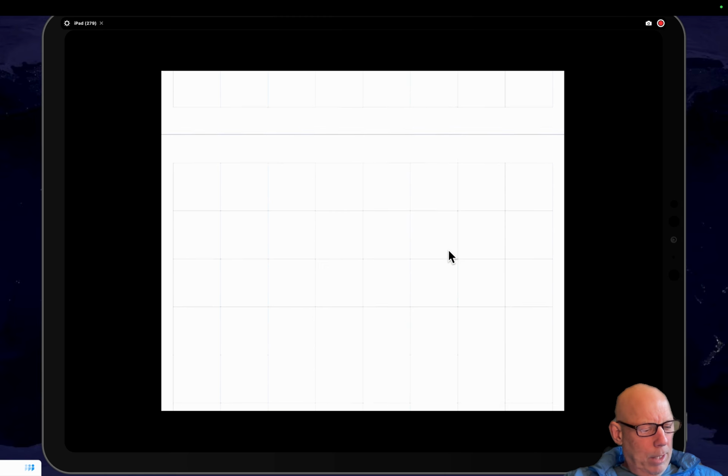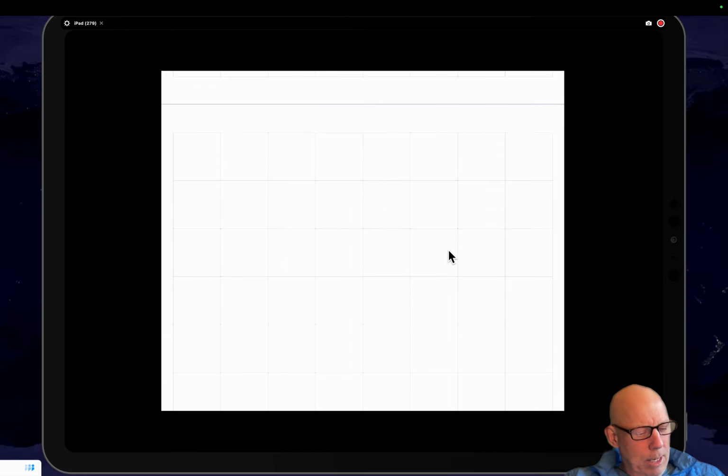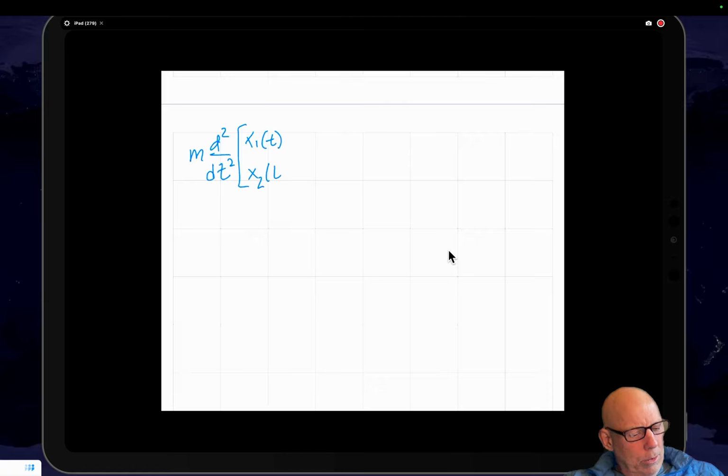I would like to very quickly, and I don't want to belabor this, note that I can rewrite the problem that we just did in matrix form. I told you that I liked this idea of unusual vectors.